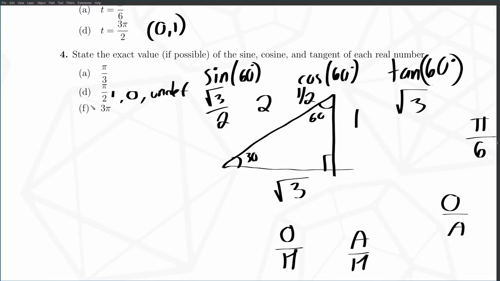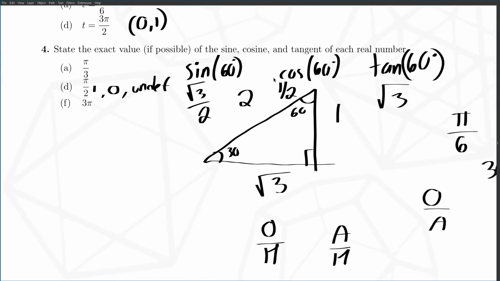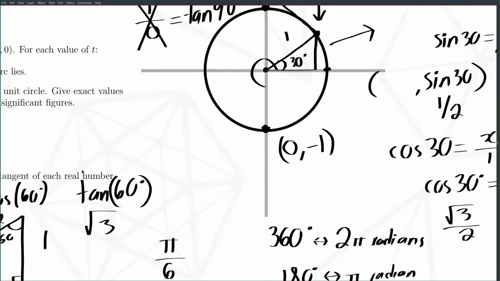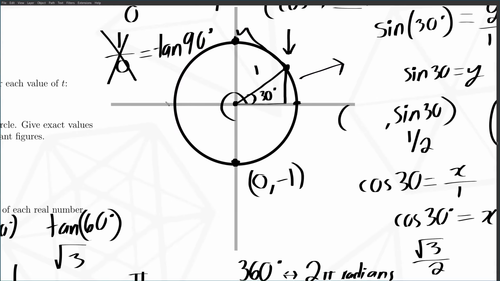Okay, now for 3 pi here. Let's apply the same logic. There are 2 pi radians in this circle, and once we go past that, we're just repeating. So that means that 2 pi, 4 pi, 6 pi, 8 pi, they would all look like the same thing since you've crossed the circle that many times.